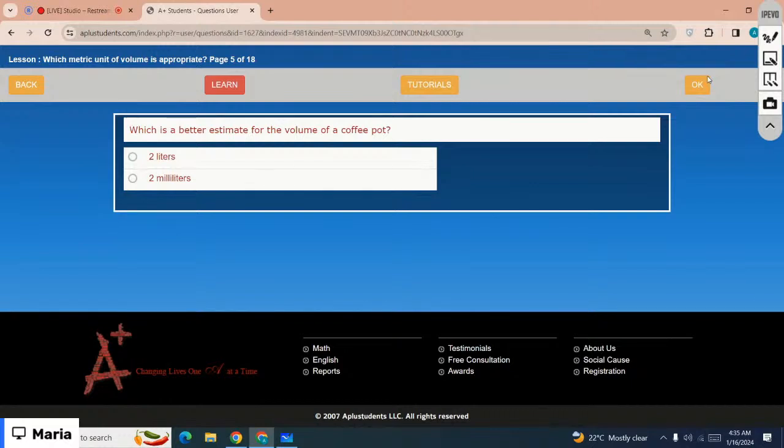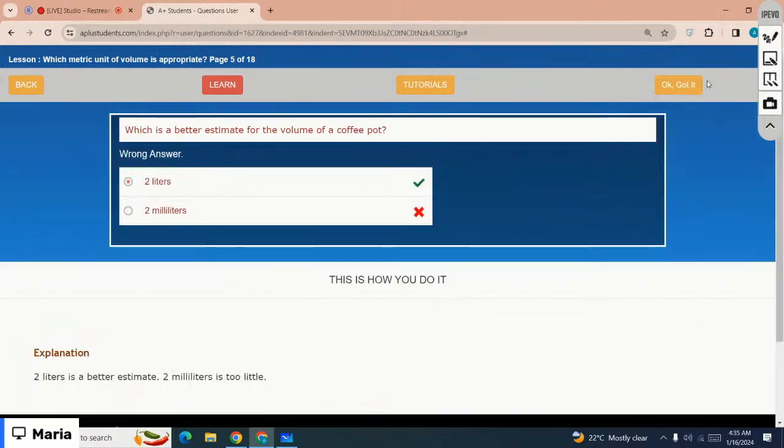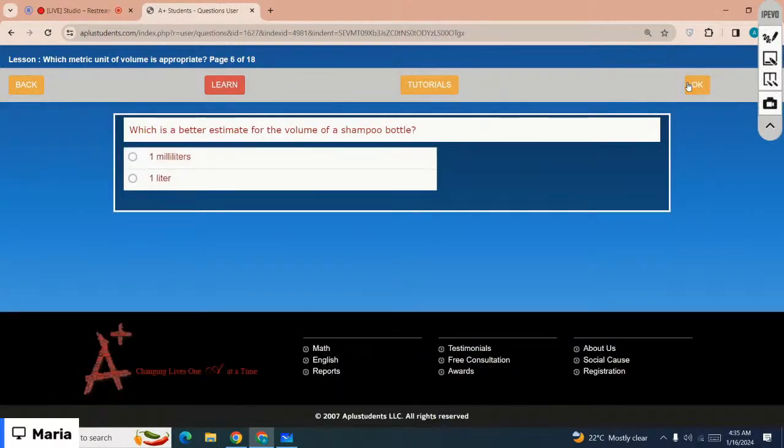That would be 2 liters, right? The correct option is 2 liters. Which is a better estimate for the volume of a shampoo bottle? 1 milliliter or 1 liter? Which is the correct option?